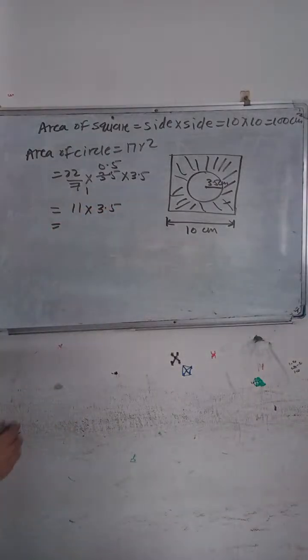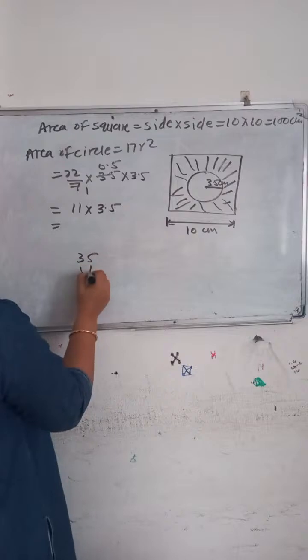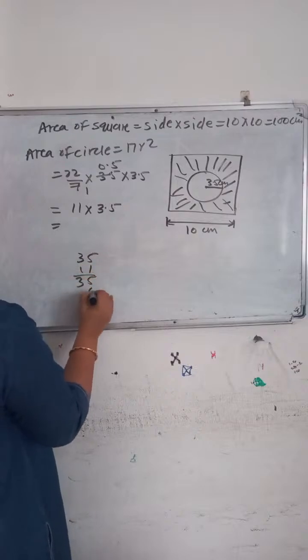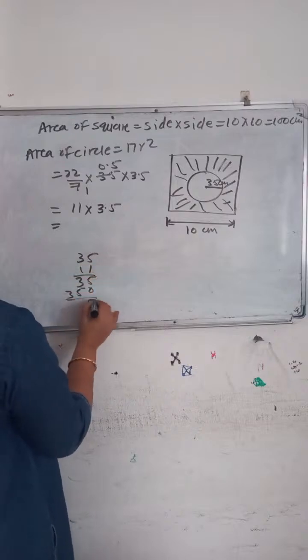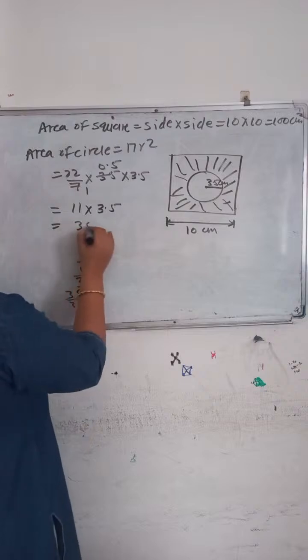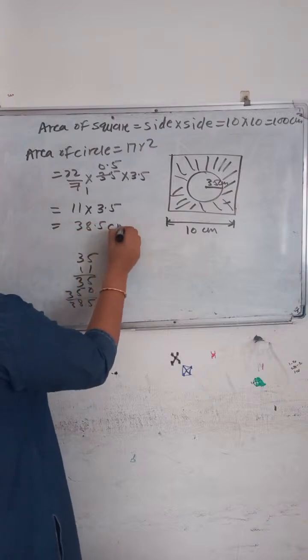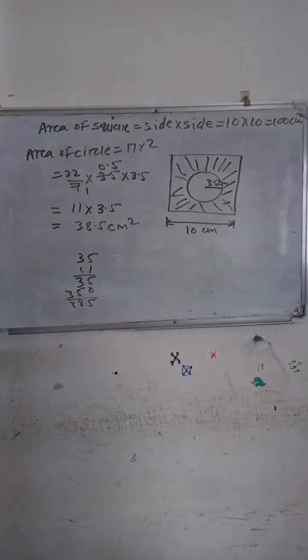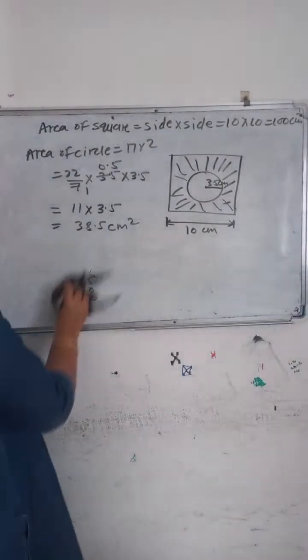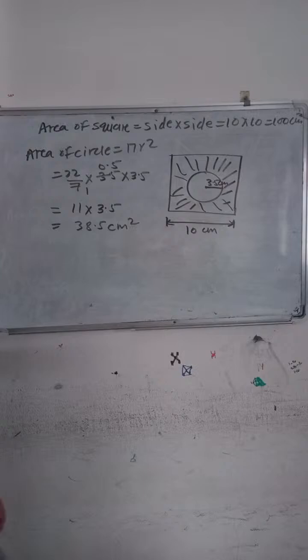Do this multiplication: 35 into 11 is 385, that is 38.5 centimeter square. So to get the shaded portion, you have to subtract the area of the circle from the square. Okay, getting up to here.